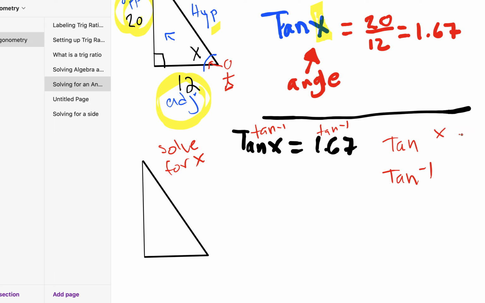Just like times and divide are opposites, tangent and inverse tangent are opposites. And when you multiply them by each other, it becomes 1 or cancels out. So we cancel it out, x is now alone, and we're going to push the tangent to the negative 1 button, inverse tangent, in our calculator. So I'm going to pull the calculator back up.